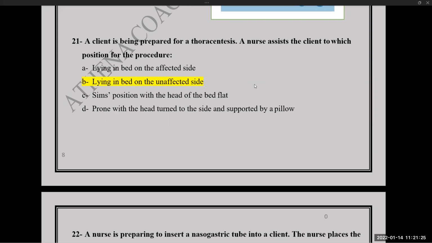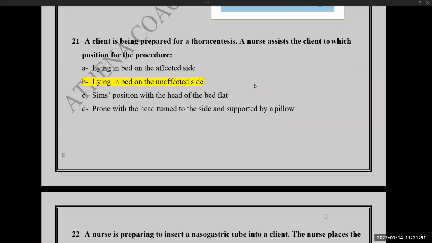Exactly. Okay, so what position will you give? We'll see. Option 1 is lying in bed on the affected side. No, you are not supposed to lie on the affected side because we have to insert a needle on the affected side. So A is wrong. B, lying on an unaffected side, can be selected. And C, Sims position.